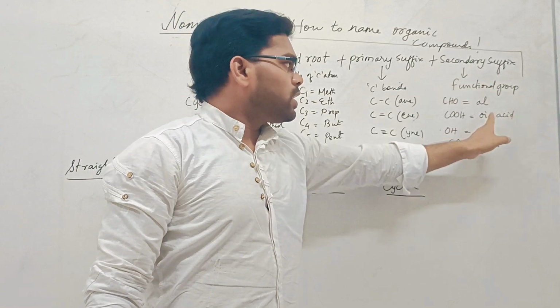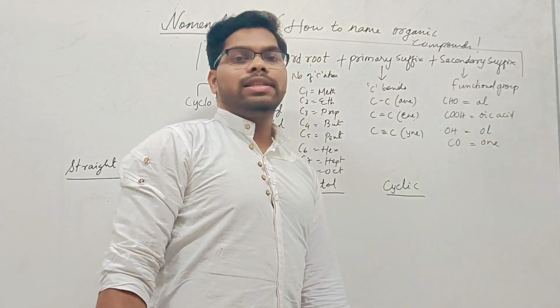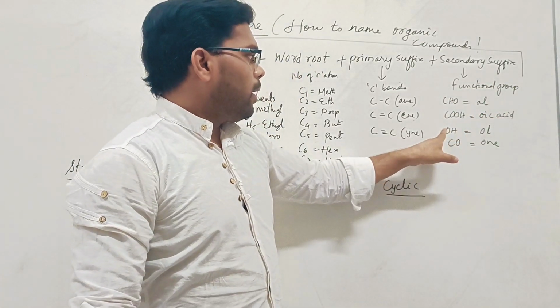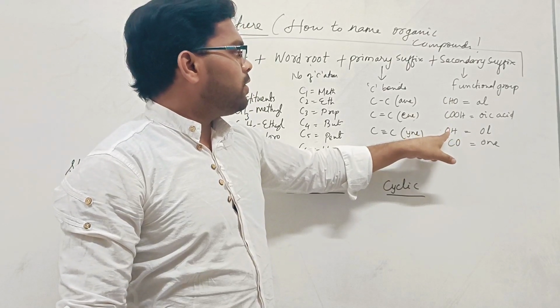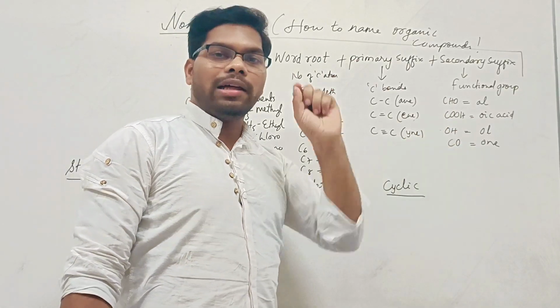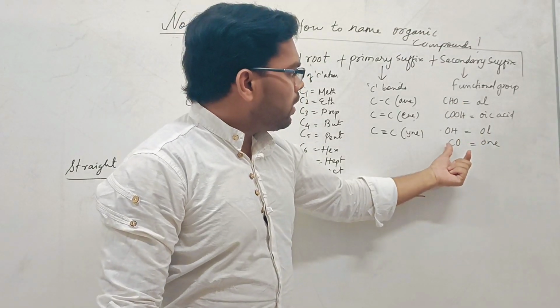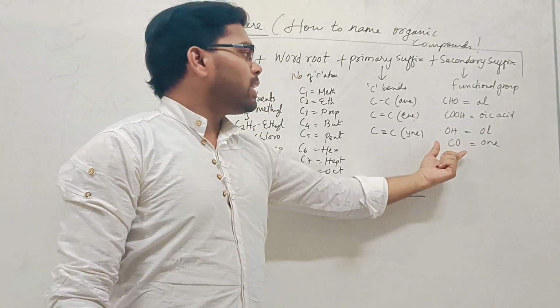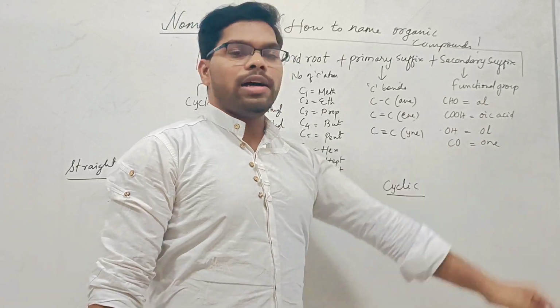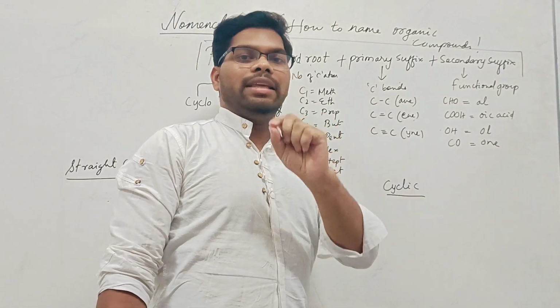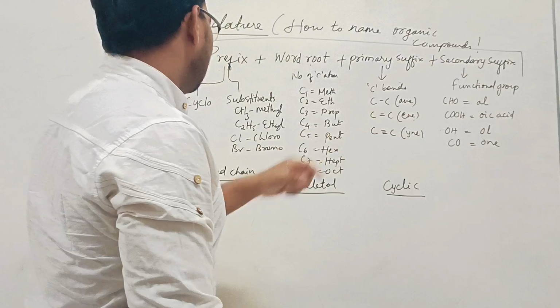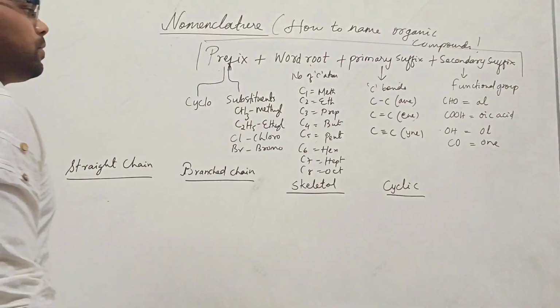The suffix we use for carboxylic acid is oic acid. Then the functional group OH is alcohol group, so we use suffix ol. However, the CO group, which is also known as ketone group, we use the suffix one.